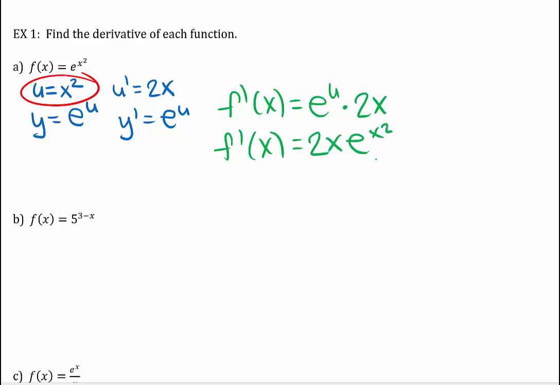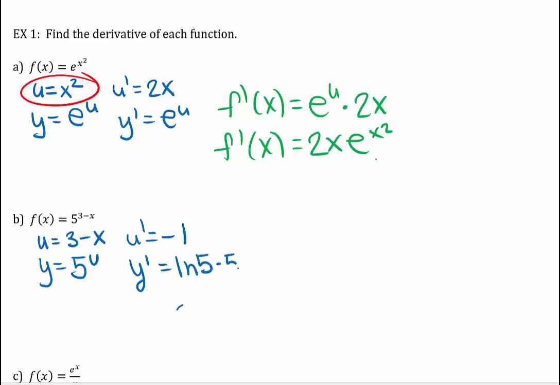Example B is also a chain rule problem. I have a function inside of a function. In this case, my inside function is the 3 minus x, and my outside function I can write as 5 to the u. Then my u prime would be negative 1, and my new rule says the derivative of 5 to the u is ln 5 times 5 to the u.